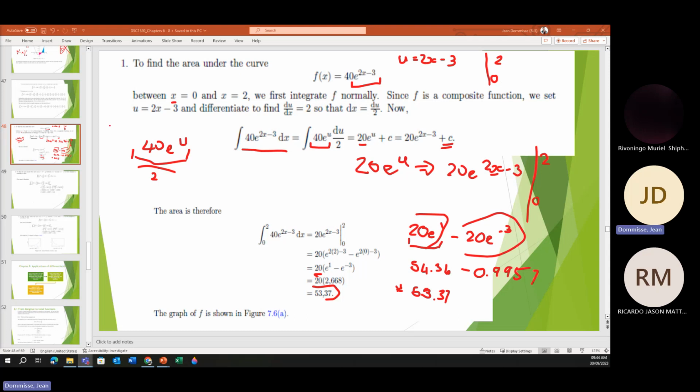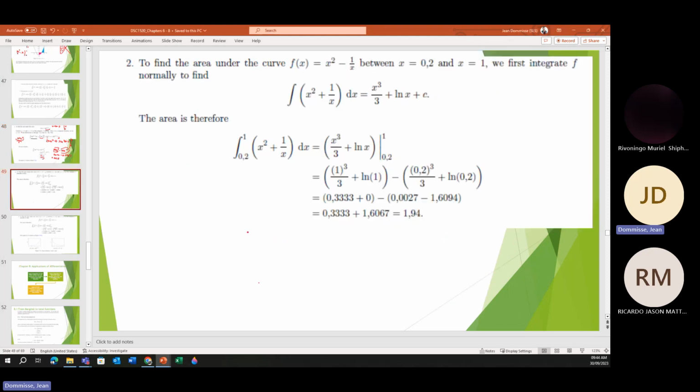Okay, so that was another example of just finding the area under the curve. So I'm gonna skip this one, but here's another one that you can go and look at.